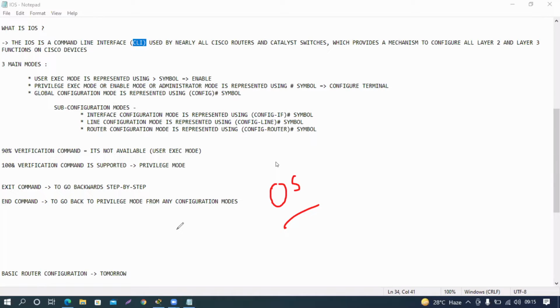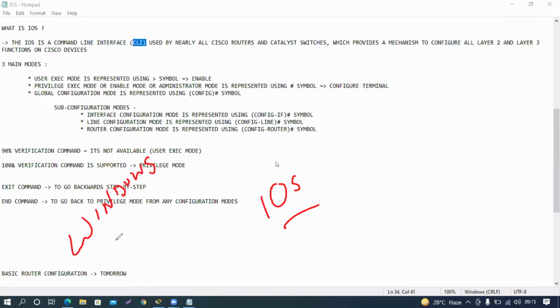Okay. When you try to configure any Cisco routers or switches, you will be configuring all these devices using this operating system, which is running on all these routers and switches. Okay, this is the iOS. Just think of it like your Windows operating system.